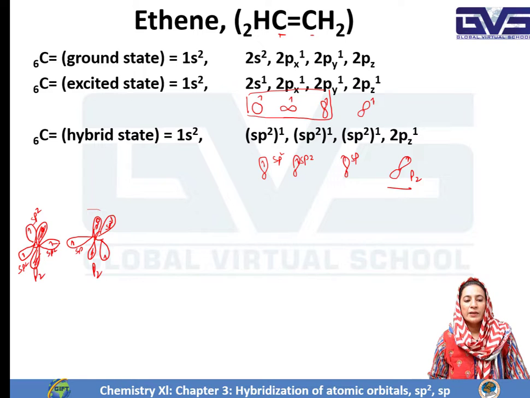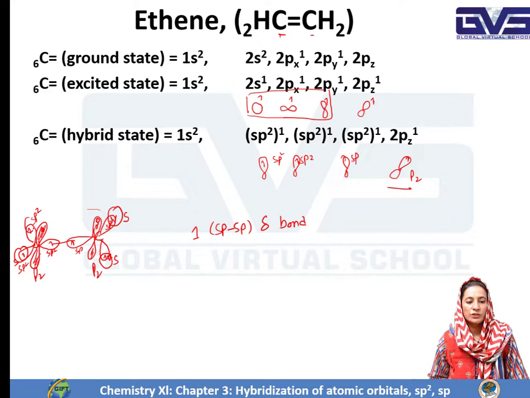So the first bond will be the sp2-sp2 sigma bond. With this there comes a hydrogen, the 1s of hydrogen, and also this 1s from hydrogen, and also this 1s from hydrogen, and also this 1s from hydrogen.